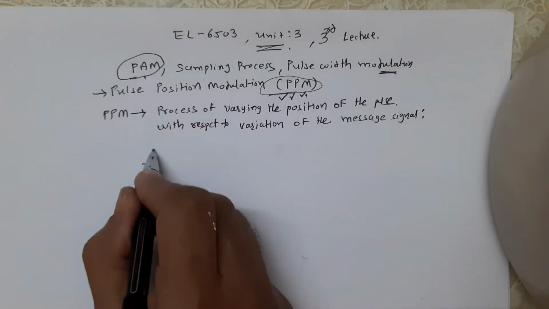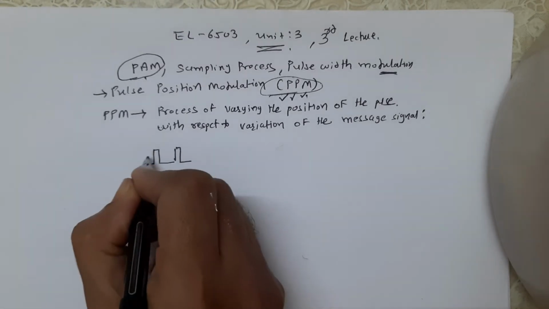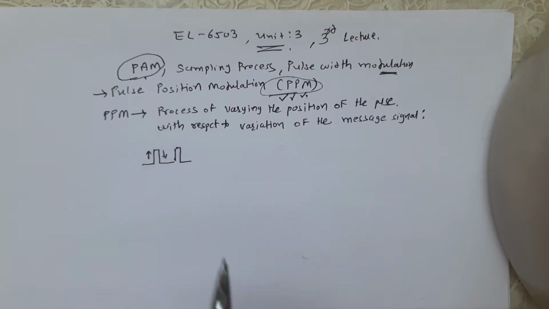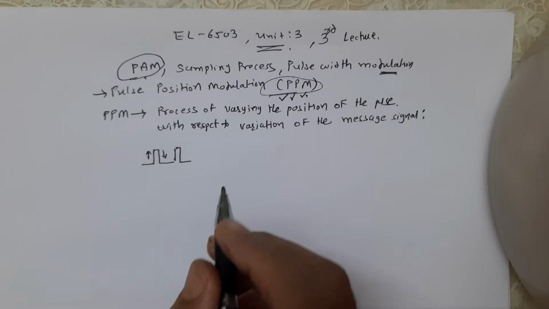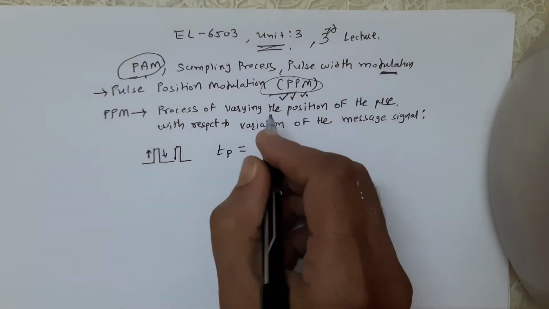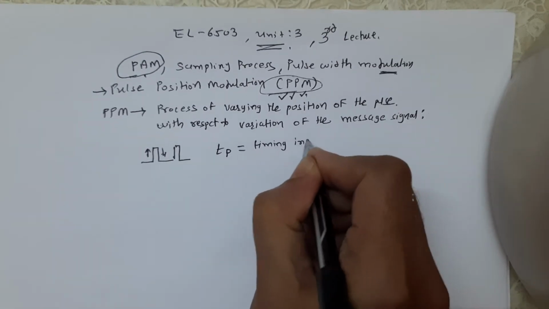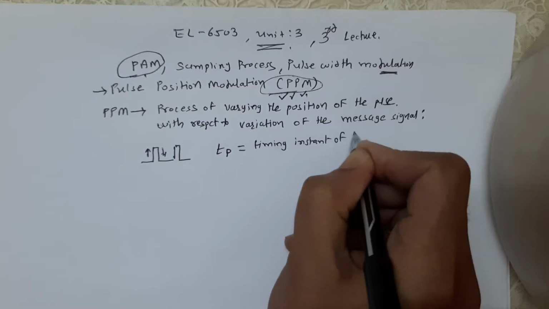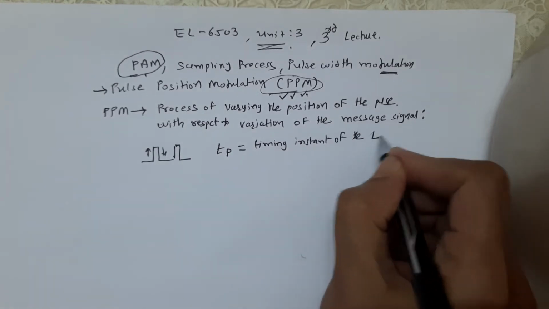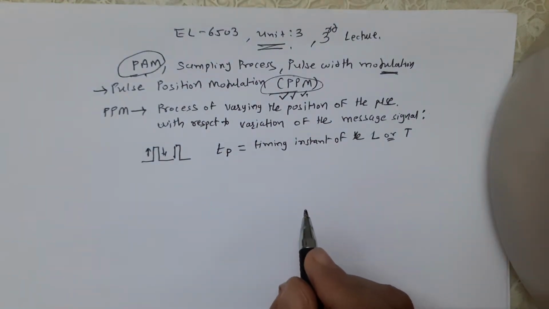If this is your pulse, then this is known as the leading edge and this is known as the trailing edge. So let us consider that Tp is equal to the timing instant of the leading or trailing edge of the pulse in each period of the pulse train.